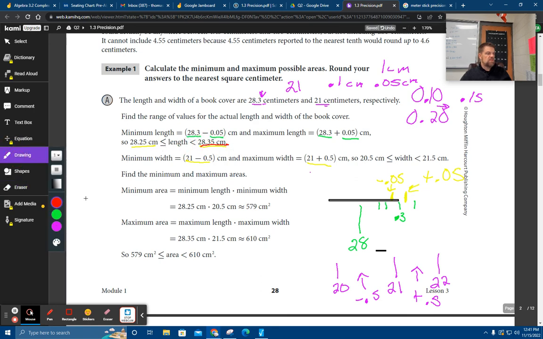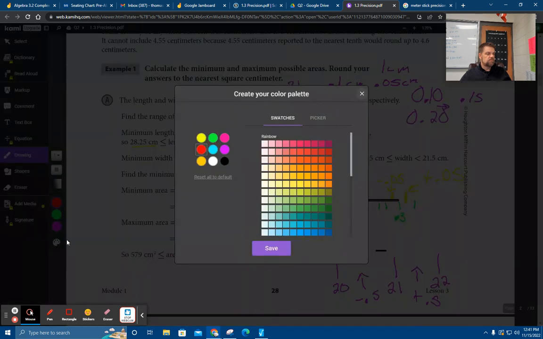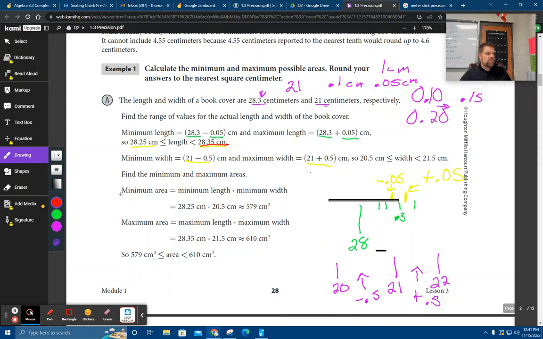So the minimum, let me get some specific colors. Let's do blue. If I want to find the minimum area, I'm going to take the minimum length. The minimum length over here is 28.25. Multiply it by the minimum width, because remember that the area is equal to the length times the width.